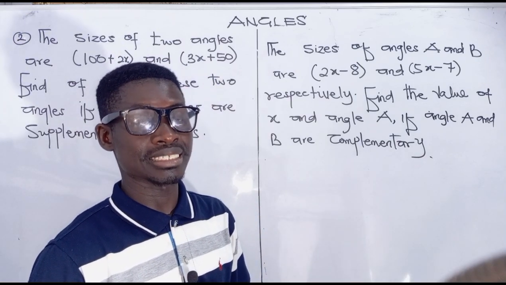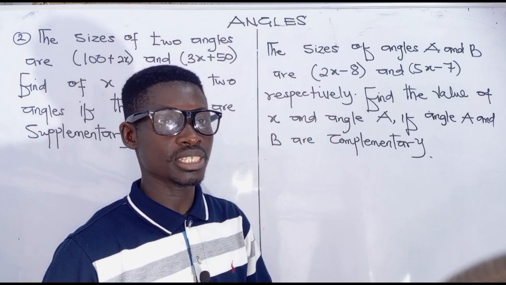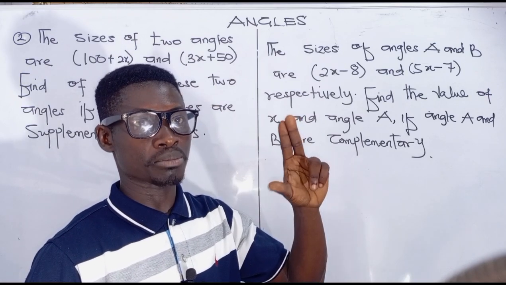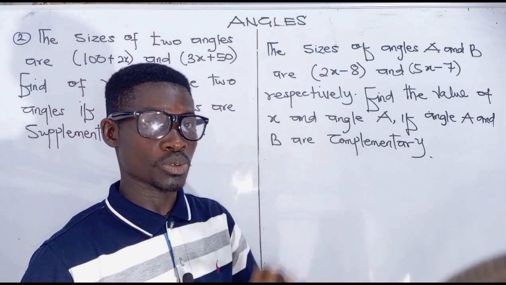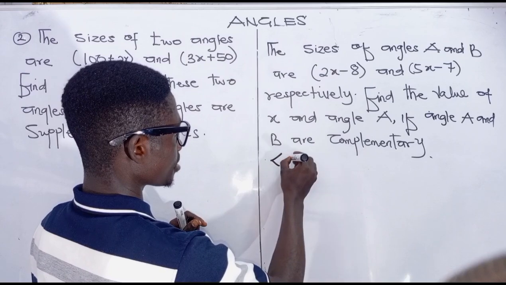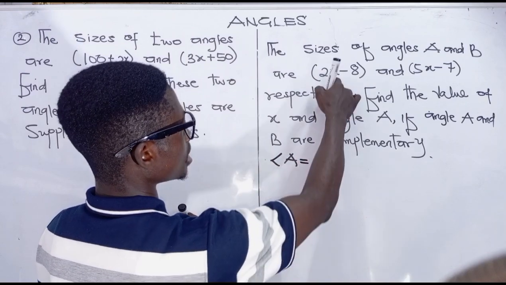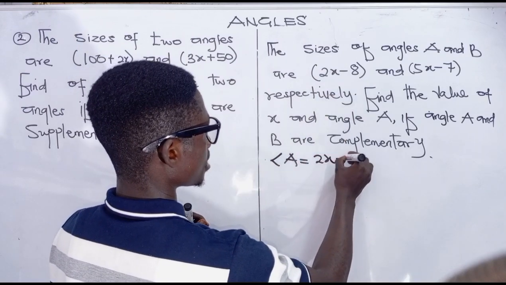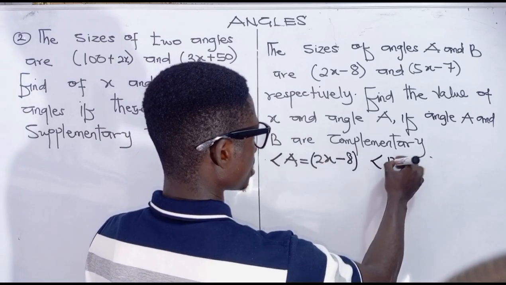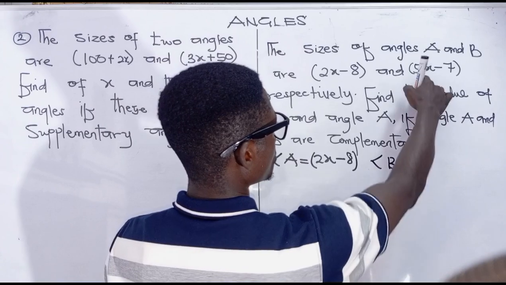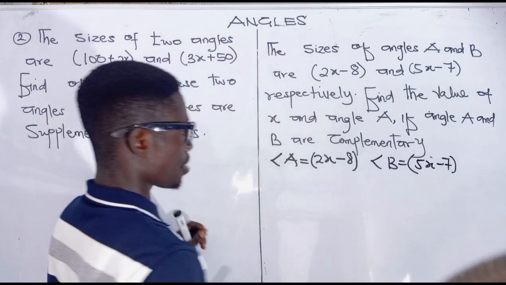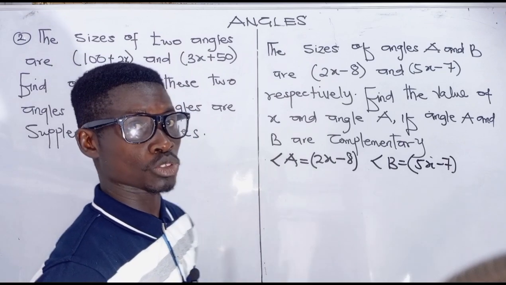We have already said that two angles are complementary if their sum is equal to 90 degrees. Angle A is 2x minus 8, and angle B is 5x minus 7. We are saying that angles A and B are complementary.